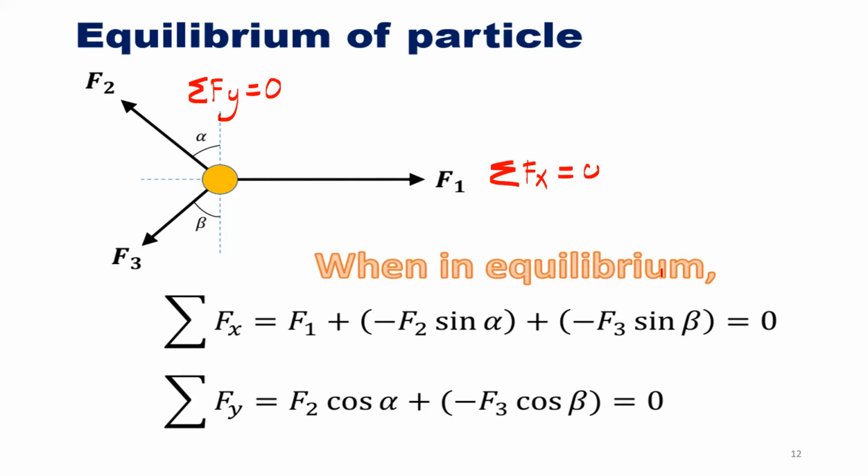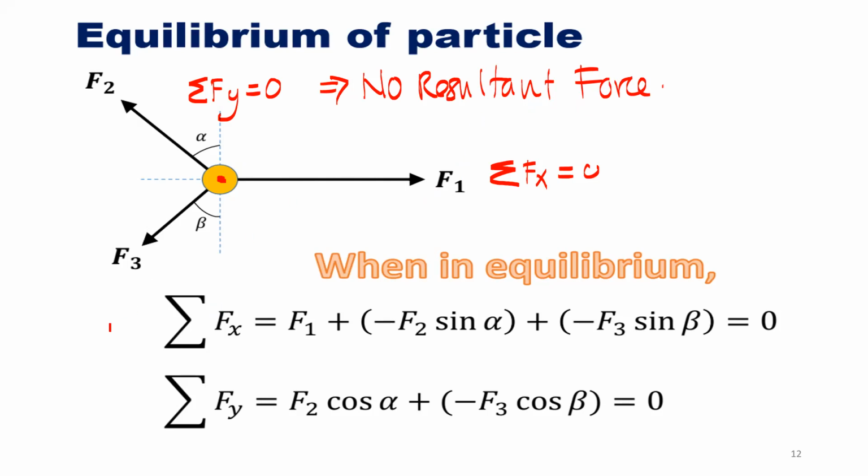If there is no net force in the x direction and y direction, what will happen? No force along the x, no force along the y. So the object will remain in equilibrium. So that is one of the conditions: no resultant force. So how do we solve this problem?